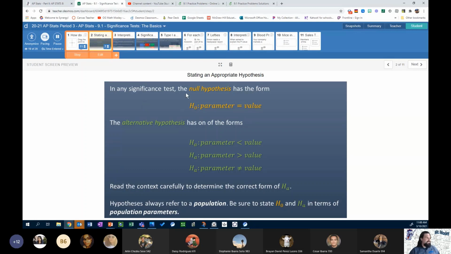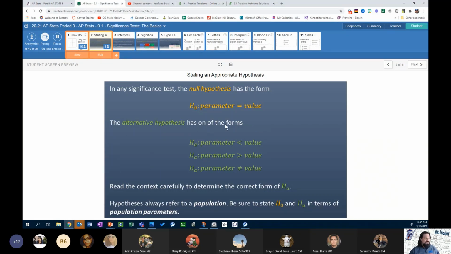Right? In any significance test, the null hypothesis has the form H0 colon parameter equals value. The null hypothesis is the only one that gets an equal sign. Right? The value in the null hypothesis and the alternatives should all be the same.